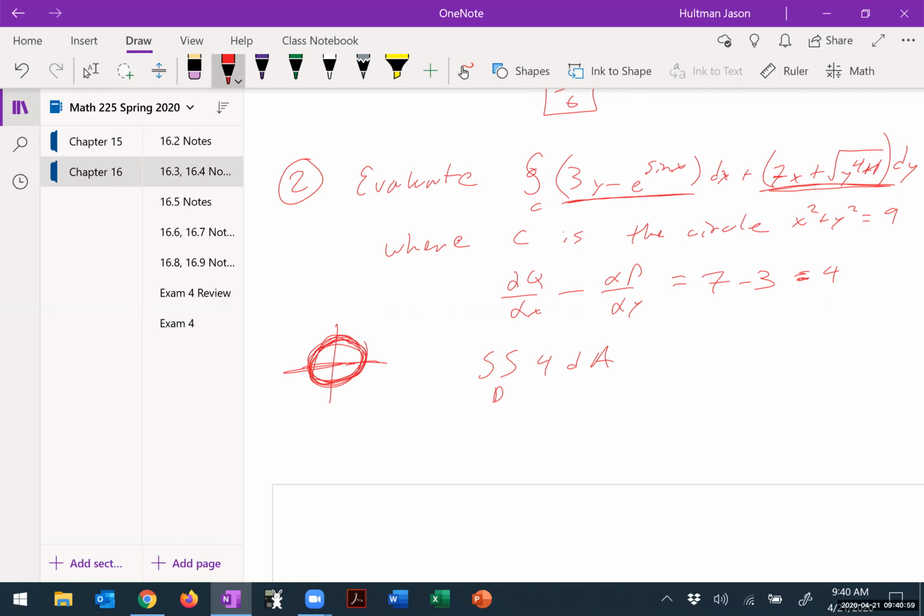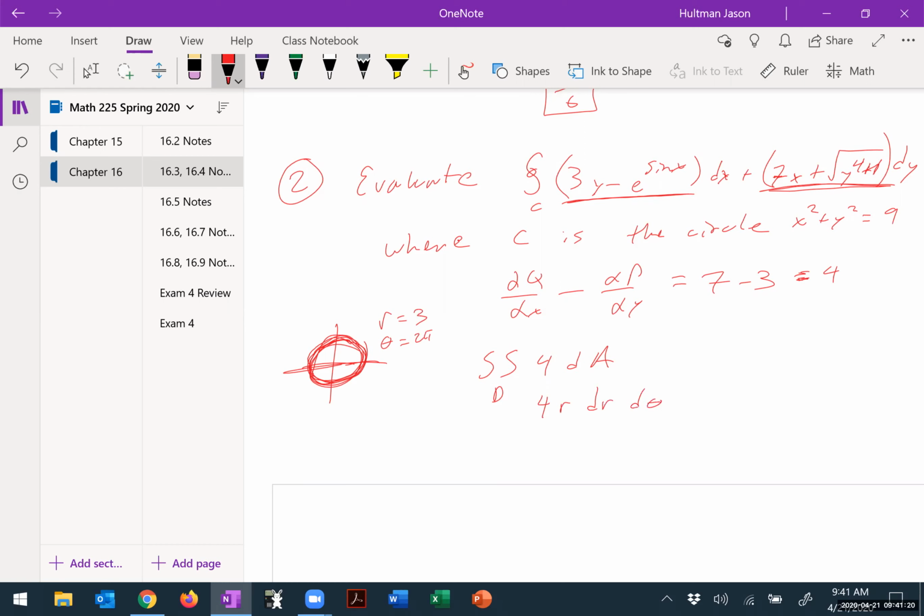So r equals 3 and theta is equal to 2 pi. How am I going to evaluate this? I'm just going to turn it into polar coordinates.